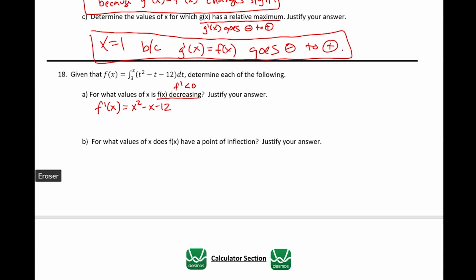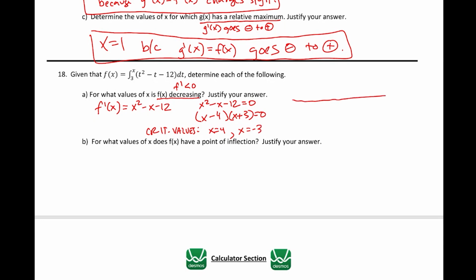We can find those critical points by setting the function equal to 0 and factoring, and this would factor as (x minus 4)(x plus 3). So my critical values are going to be at x equals 4 and x equals negative 3. Those are the x values for which f prime could potentially change sign.